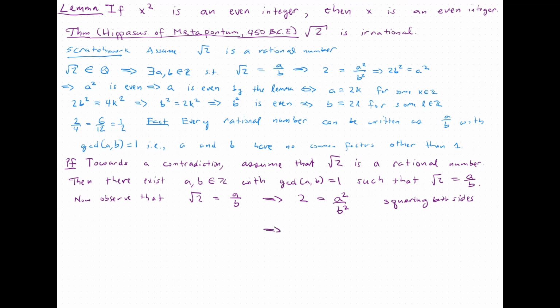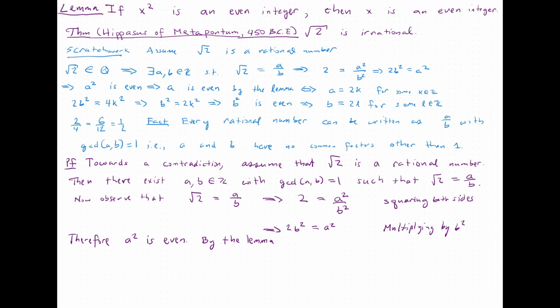Then we multiply by the b squared, and we get 2b squared is equal to a squared. So therefore, a squared is even by the lemma. Oftentimes the lemmas may have a number, so in this case there is no ambiguity since we have only one lemma in this slide.